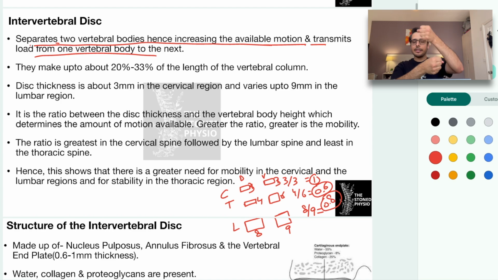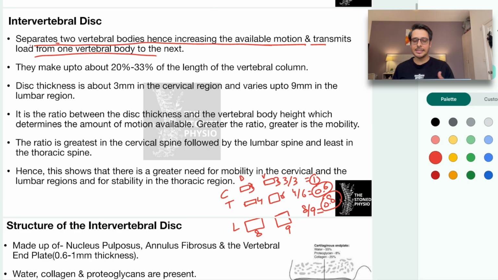If the top vertebra is tilting forward, the intervertebral disc will get compressed more at the front and will expand a bit more at the back, hence allowing more mobility between the vertebrae. That's why it increases the available motion between two vertebrae.